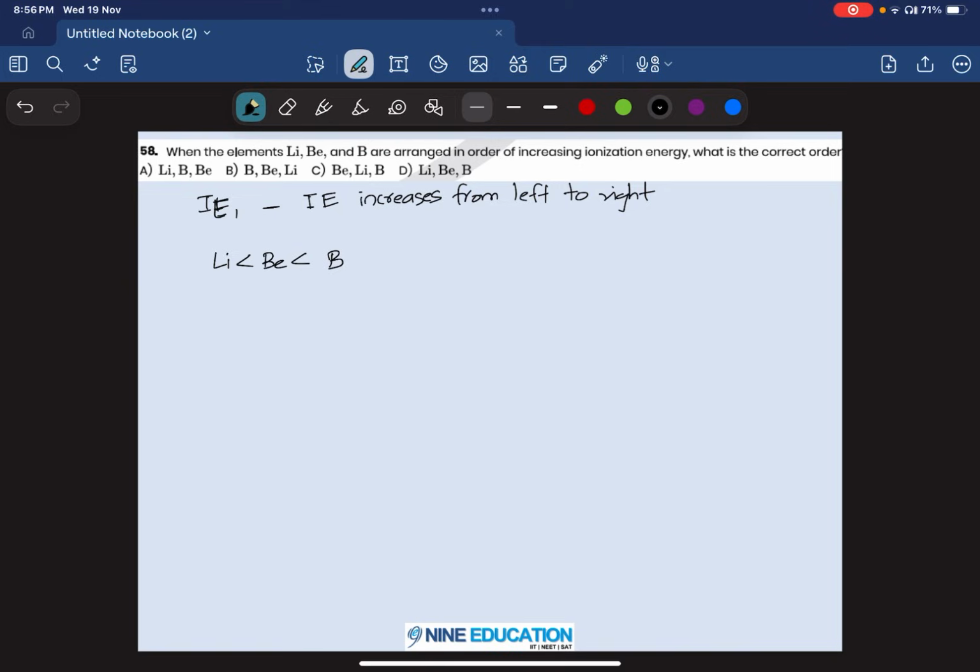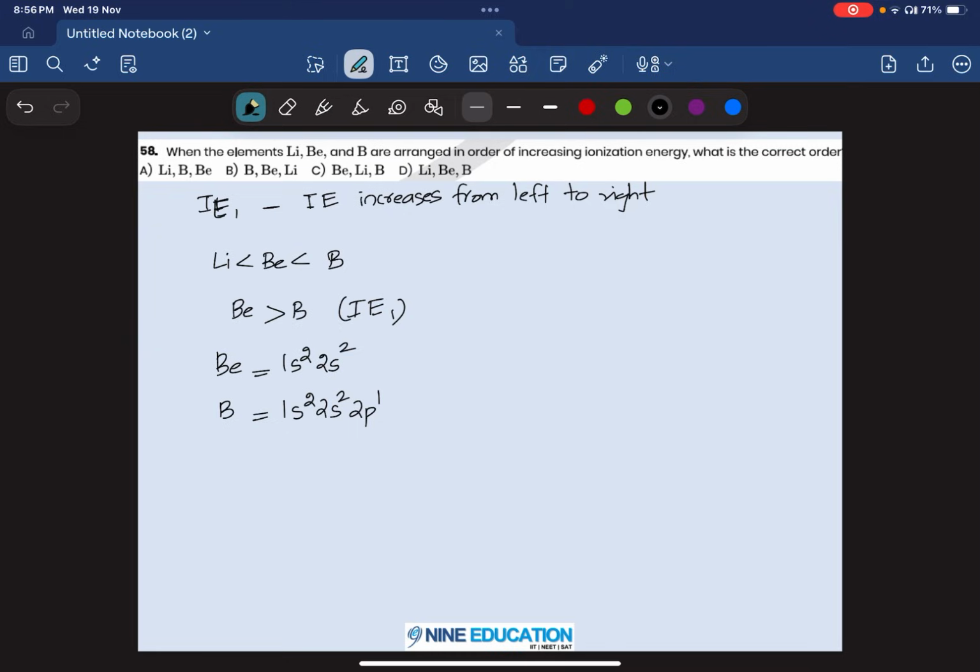But there is a different order here. Beryllium is having more ionization energy one than boron. Why? Look at the configuration of beryllium and boron. Beryllium has the configuration 1s2, 2s2, whereas boron has 1s2, 2s2, 2p1.